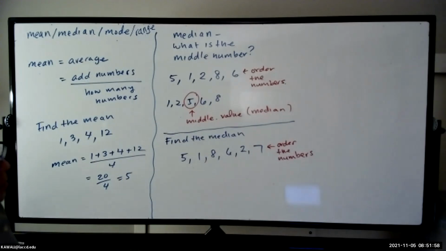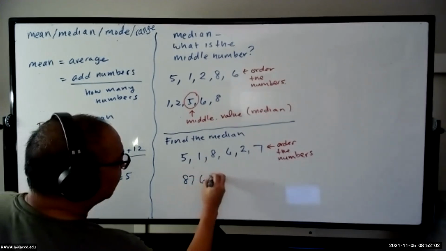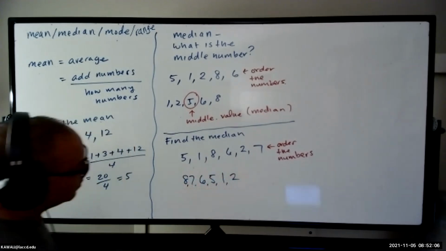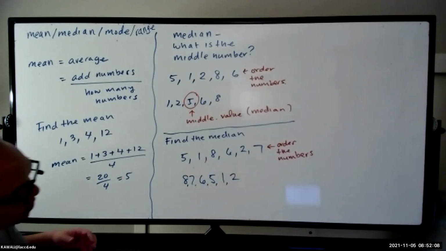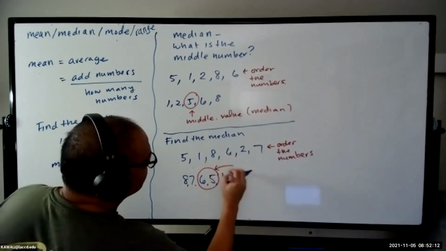Okay. So we have 8, 7, 6, 5, 1, 2. Okay. Now what you want to do is you want to take the average of the middle two numbers.